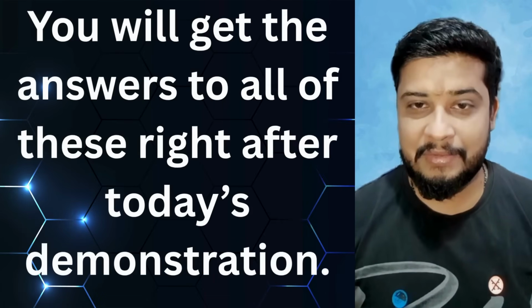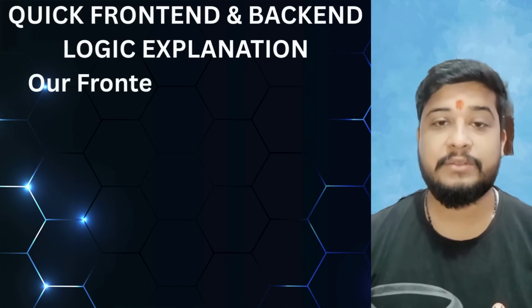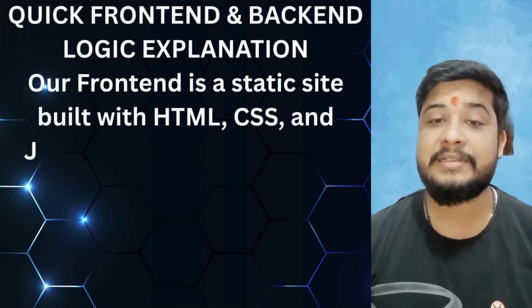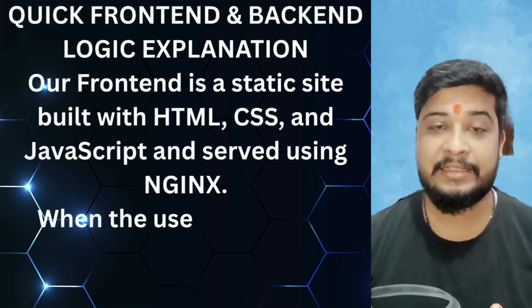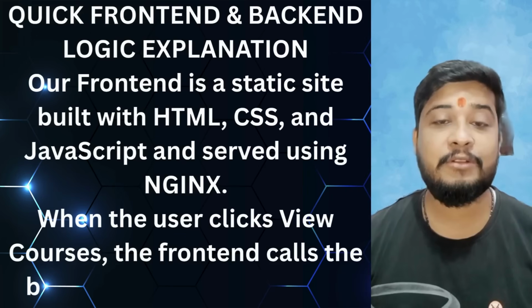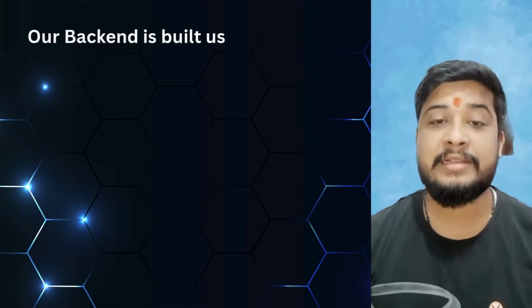So stay with me. Quick explanation of the front end and back end. Our front end is a static site built with HTML, CSS, and JavaScript, and it's served using NGINX. When the user clicks on view courses, the front end calls the backend API at /api/courses. Our backend is FastAPI.